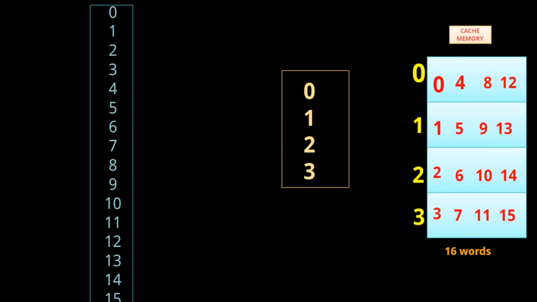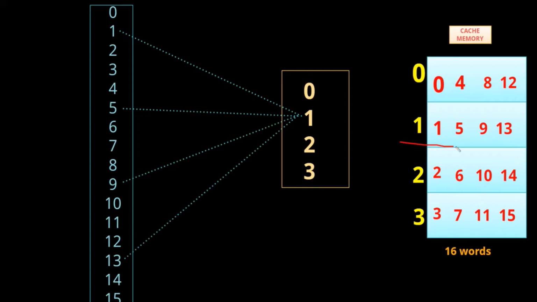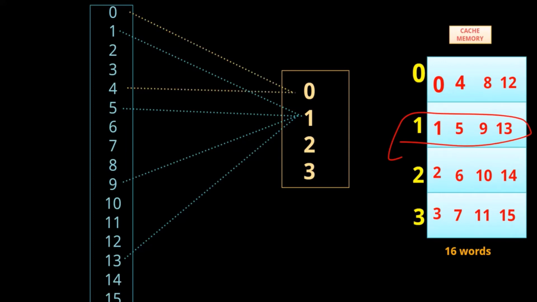Okay. So now let's see the connection between the block and the line number. The blocks 1, 5, 9, 13 will be fetched only from line number 1. In the same way, the blocks 0, 4, 8 and 12 will be fetched only from line number 0.